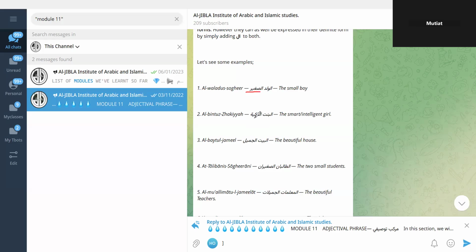The moment you make each of them the same, it becomes a descriptive phrase. If you strip off the alif lam from al-walad and from the saghir and say waladun saghirun, it becomes a small boy.